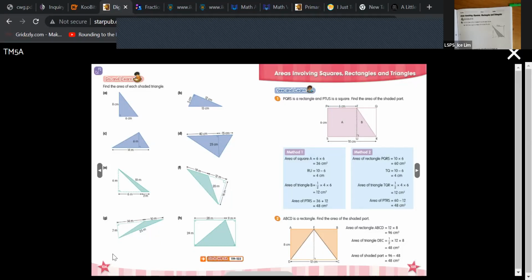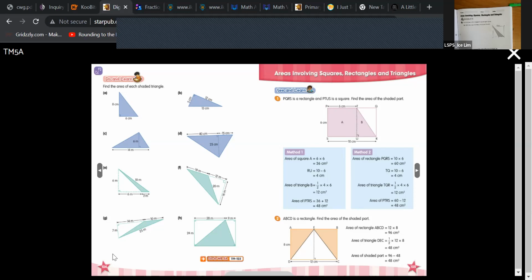Anybody? Yes, come. Okay, very good. Pranavi says there's a whole shape, right? So one method is I cut it into smaller pieces, then I find them one by one and add them together.